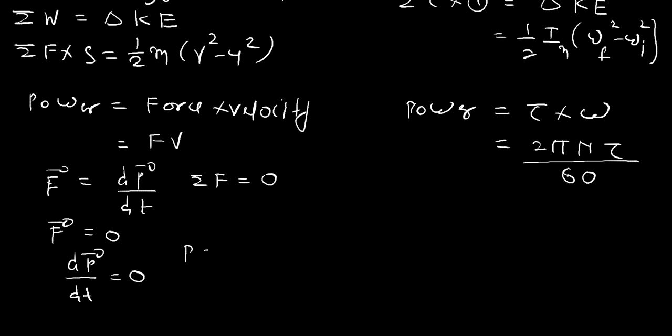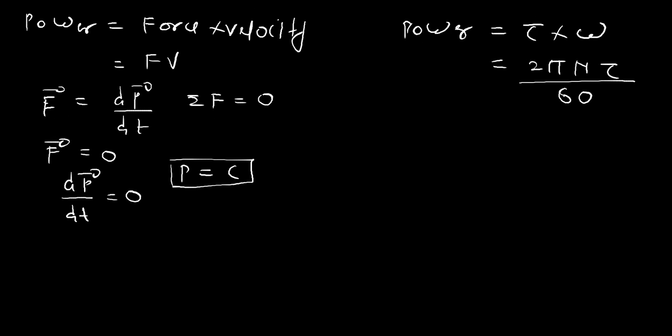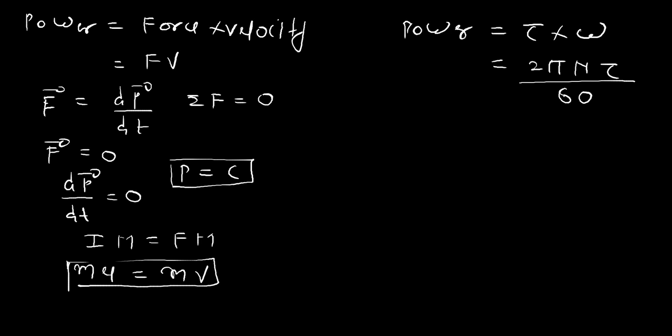It means linear momentum is constant. Mathematically, initial momentum is equal to final momentum. This is called the law of conservation of linear momentum. We have used it in several situations.